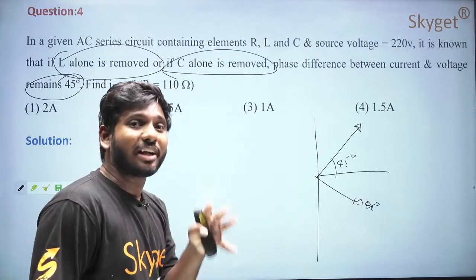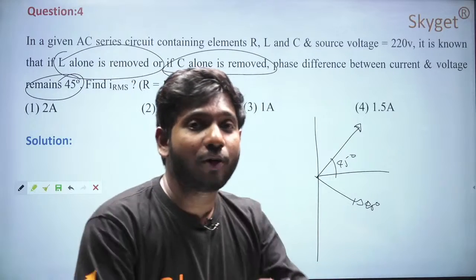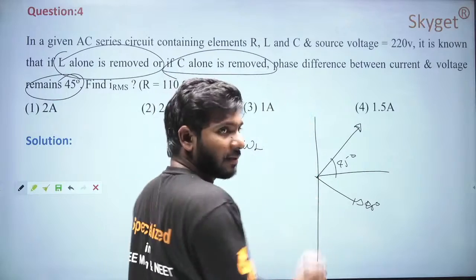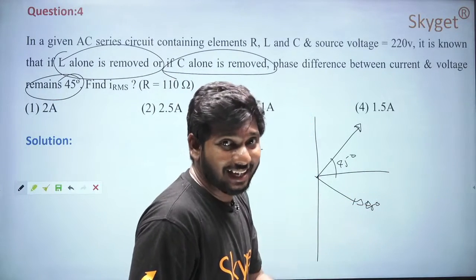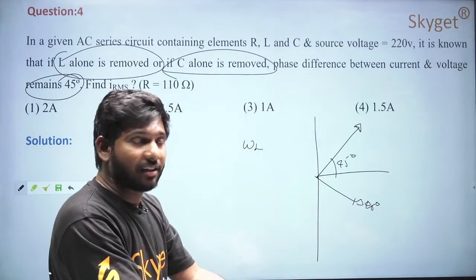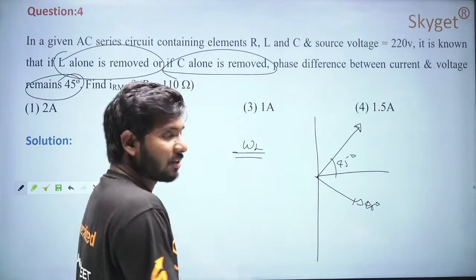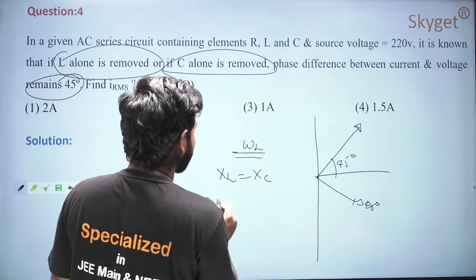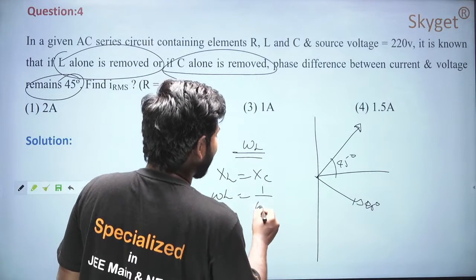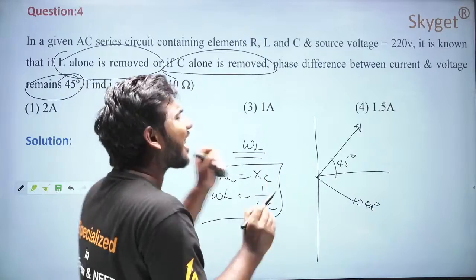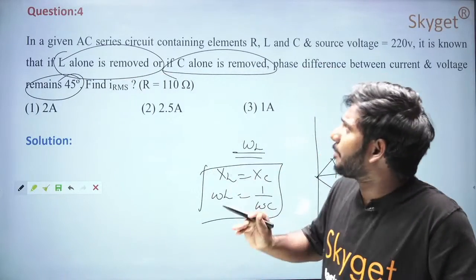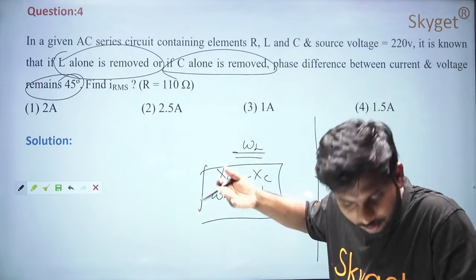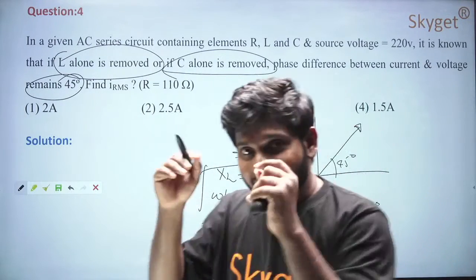That means what he wants to say is the magnitude of inductive reactance, that is omega L, because both make the same angle in magnitude, so XL should be equal to XC, that is omega L should be equal to 1 by omega C. This is the hidden motive of the examiner to convey that this circuit follows resonance.